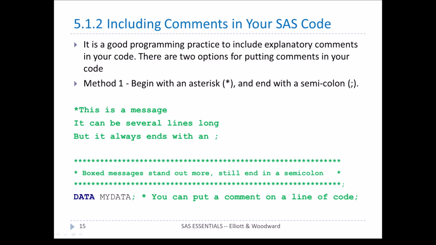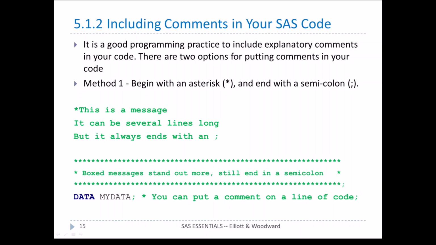It's also a good idea to include comments in your SAS code. This allows you to put information in your code so that when you go back 6 months later, you can tell what you were doing, or maybe someone else using your program can hopefully figure out what you've done. There's two ways to do the comments. The first is by putting an asterisk and then typing in whatever message you want and ending in a semicolon.